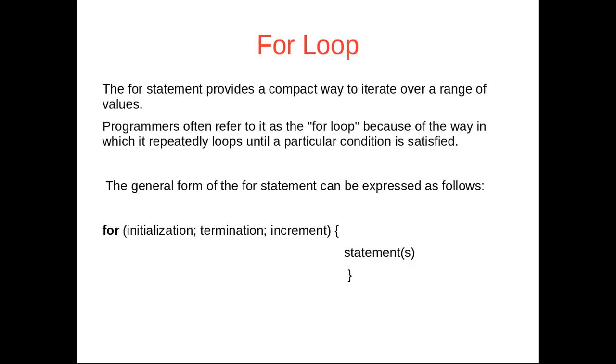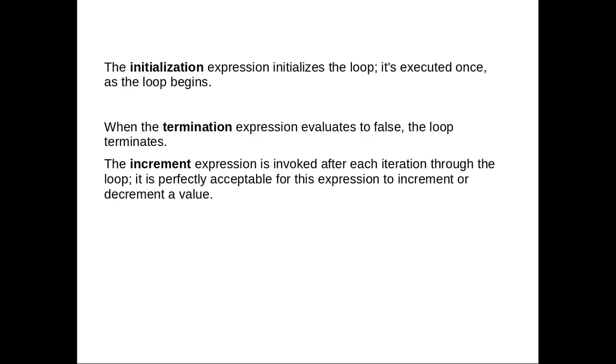Here you can see that our for loop has initialization, termination and increment phases, and the body of the for loop. If I talk about this content, like initialization, the initialization expression initializes the loop. It's executed once as the loop begins.